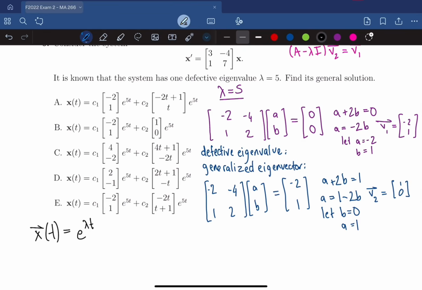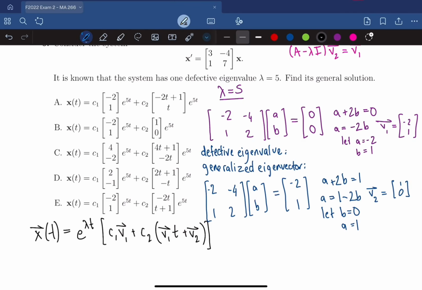We're going to have e to the lambda t as normal, and then c1 v1 plus c2, and it's going to be like this. This is somewhat different from when you don't have a system. This is kind of exclusive to systems of equations, but you'll see that in the next problem as well.